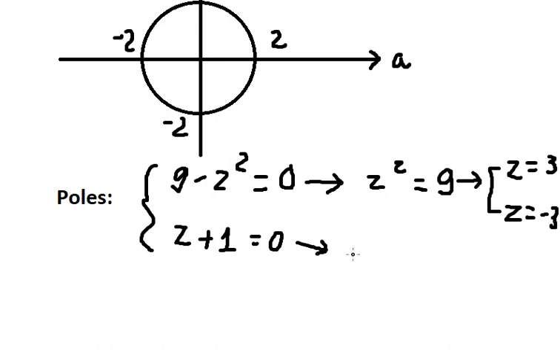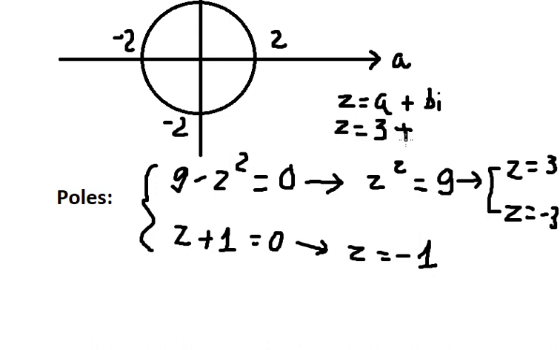This one you get z equals negative 1. So we have z equals a plus bi. But we have 3. That means we have z equals 3 plus 0i.